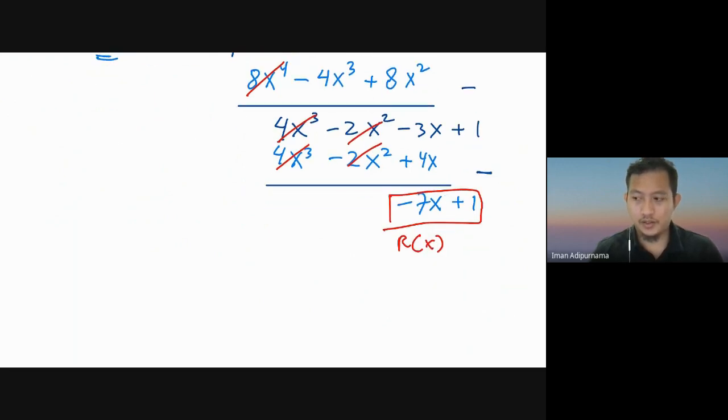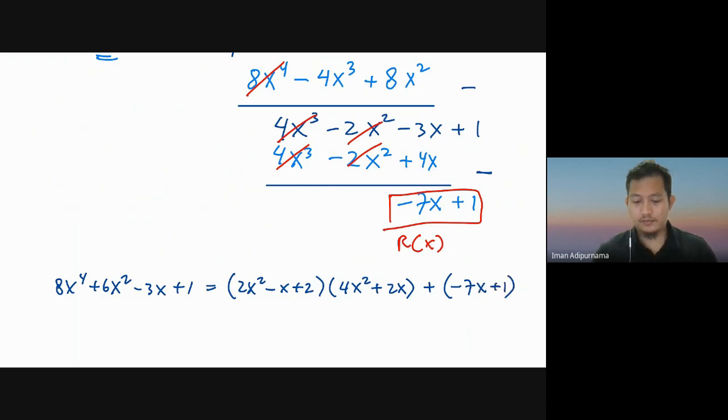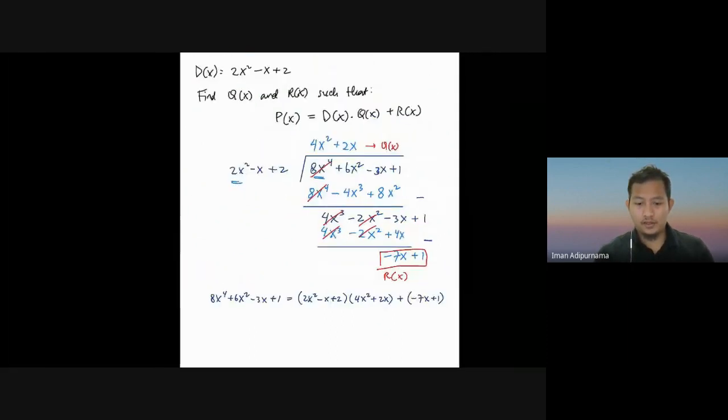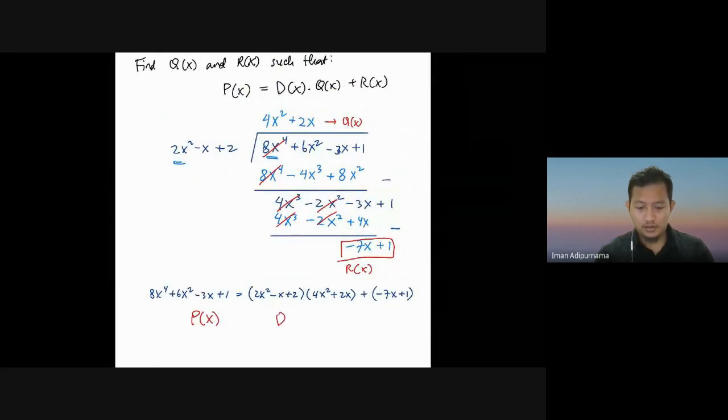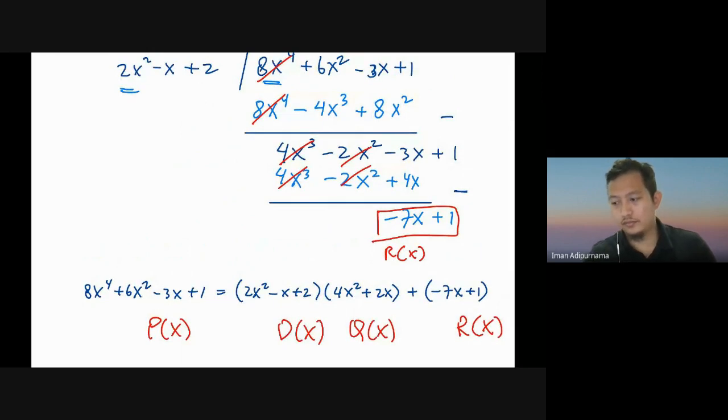Or we can write 8x to the fourth plus 6x squared minus 3x plus 1 equals P(x) = D(x)Q(x) + R(x).